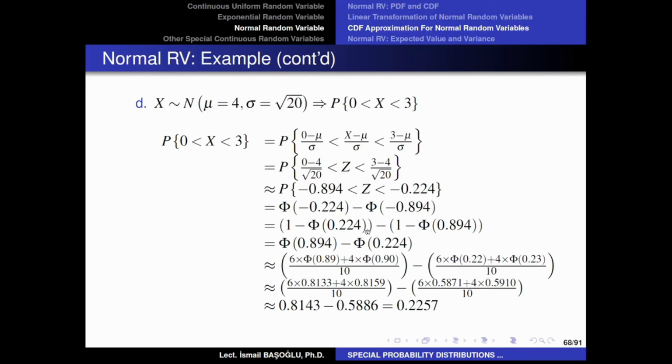We are going to subtract the CDF value at 0.224 from the CDF value at 0.894. And for both values here, we need to apply a linear approximation to get a more reliable result. And then the result is going to be 0.2257.